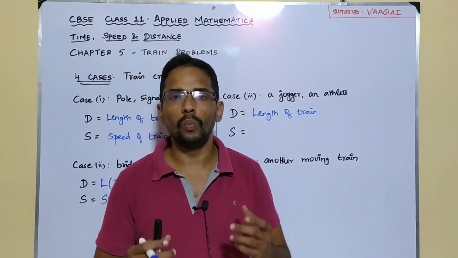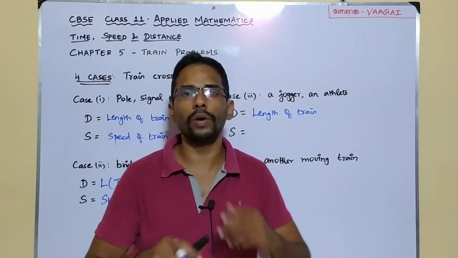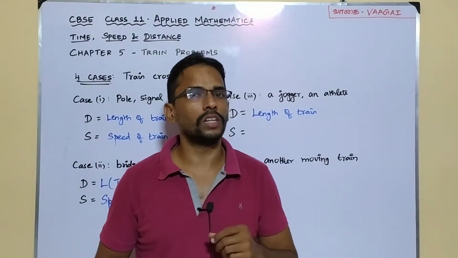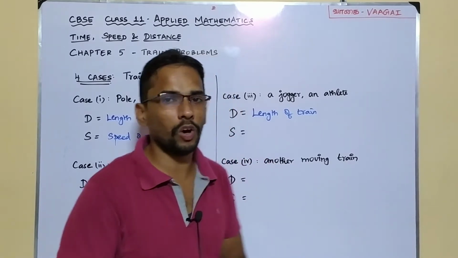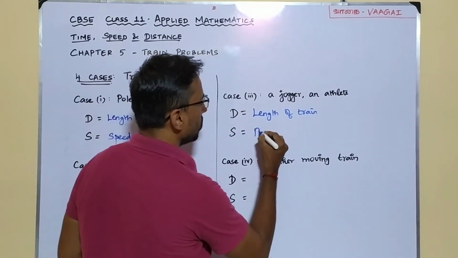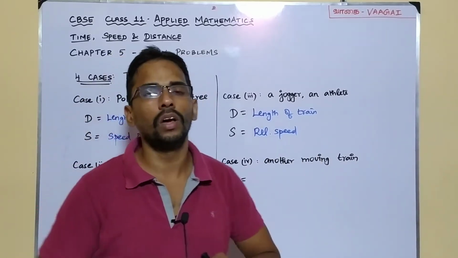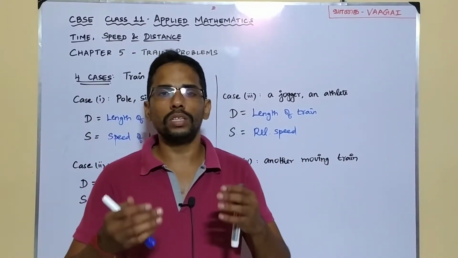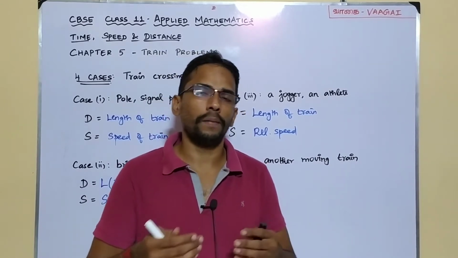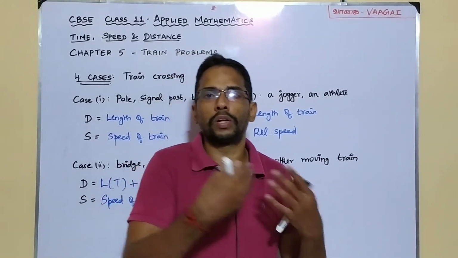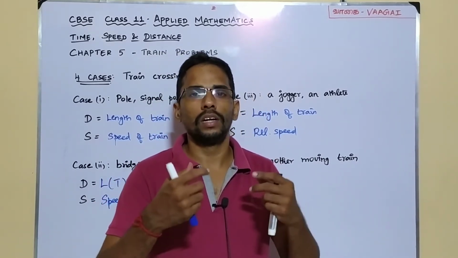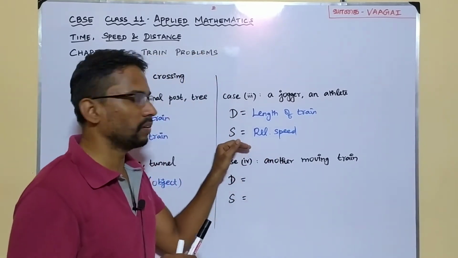Usually what do we do when we have two objects, both of them are moving? We will always consider relative speed, is it or not? So here in this case, we have to see what is the relative speed between the objects, or I can say what is the speed of the train with respect to the object. So this relative speed we will be considering when it comes to speed.